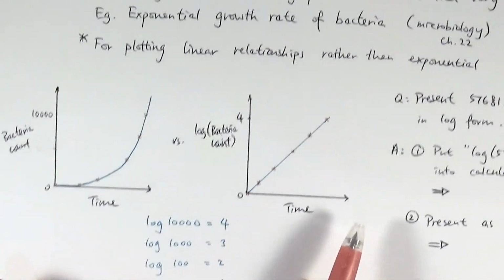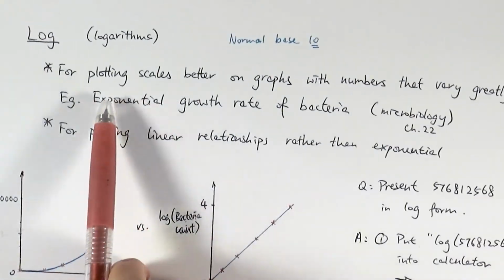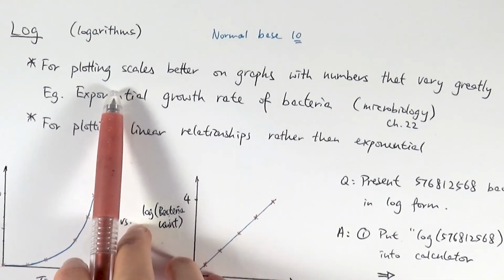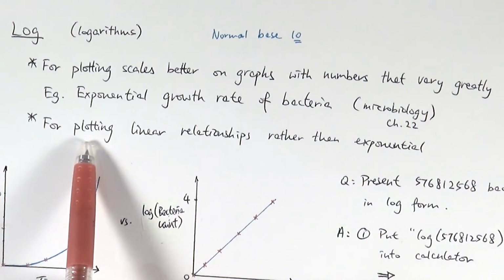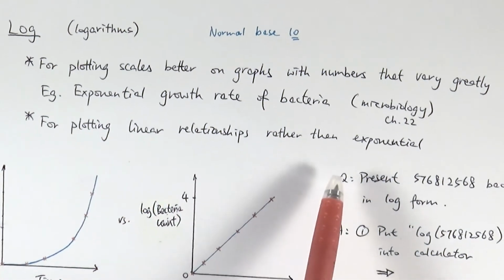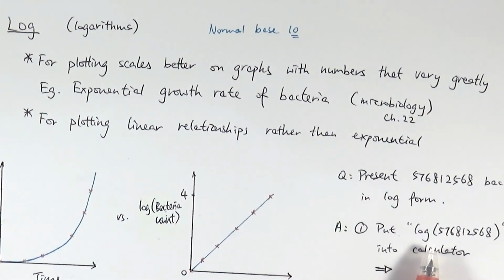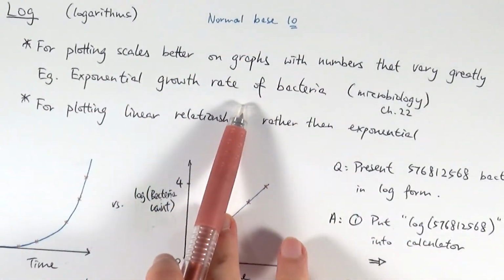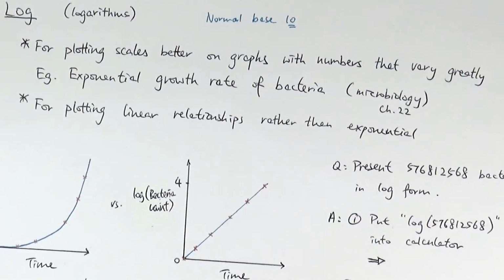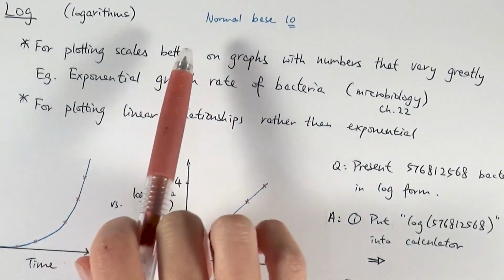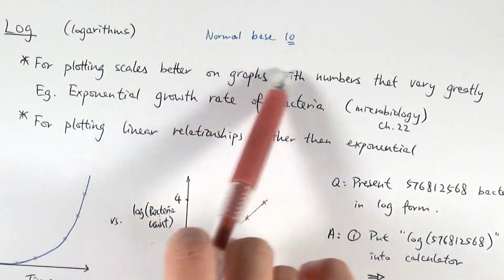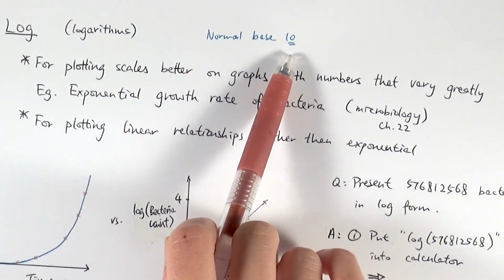So two things really: making the scales on the graph much easier to work with and easier to plot, and to plot a linear line rather than an exponential curve. These are some of the answers you can use when explaining why we use logs. And unless otherwise stated, which I doubt, most cases will use normal base 10.